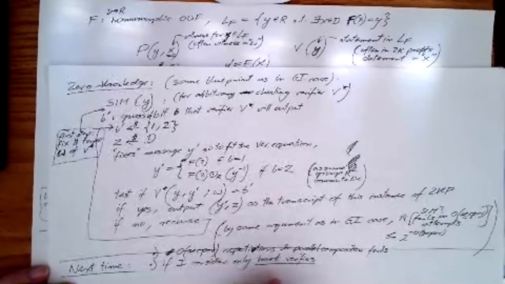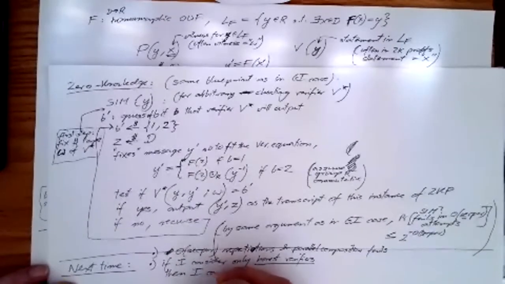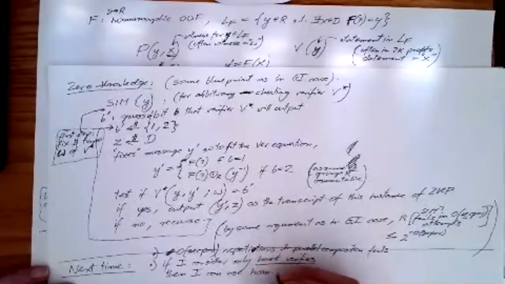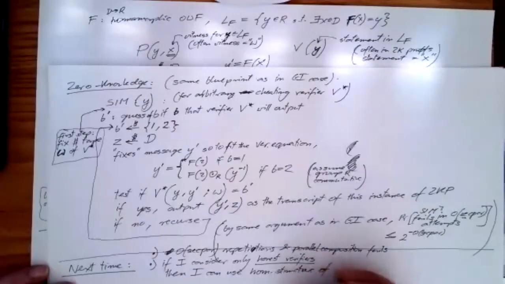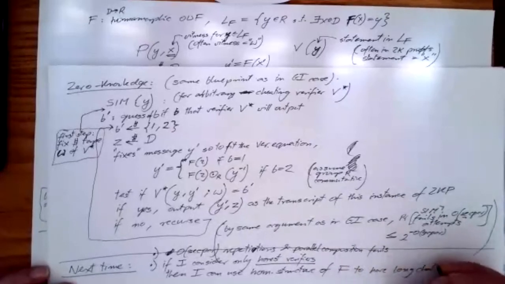But if I consider only honest verifiers, then I can use the homomorphic structure of F to have long challenges.